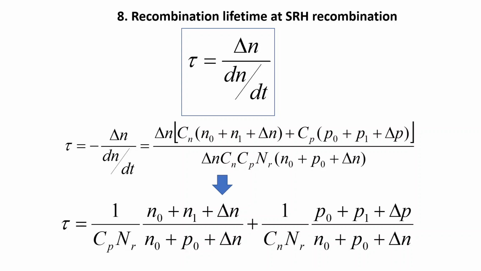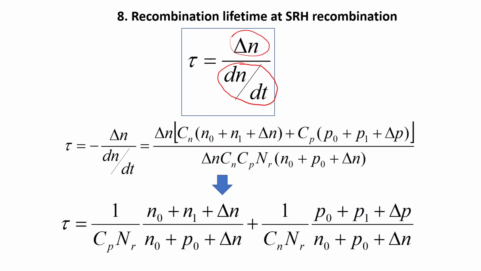From previous discussions, when we considered bimolecular recombination, we know this general definition of recombination lifetime, which is the ratio between excess non-equilibrium charge carriers and the net recombination rate, which tells us how much time it will take for all non-equilibrium charge carriers to recombine and vanish.